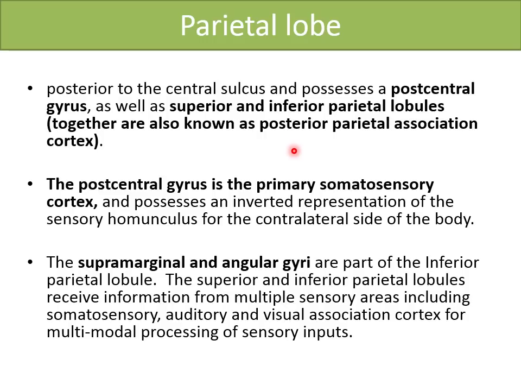That is with the head on the most inferior portion of the postcentral gyrus and the leg on the most superior portion. The supramarginal and angular gyrus are part of the inferior parietal lobules, and they receive input from multiple sensory areas, including somatosensory, auditory, and visual input, for processing and merging information from many different types of sensory information.